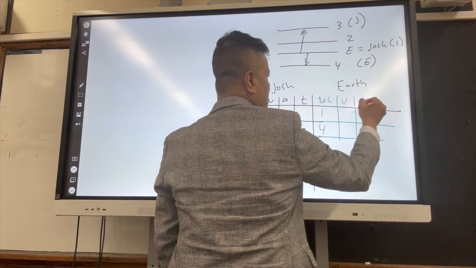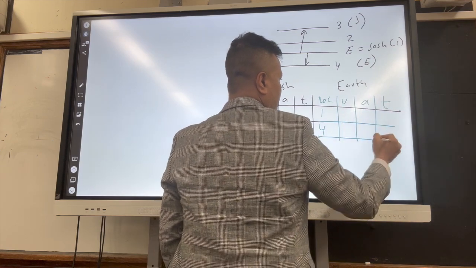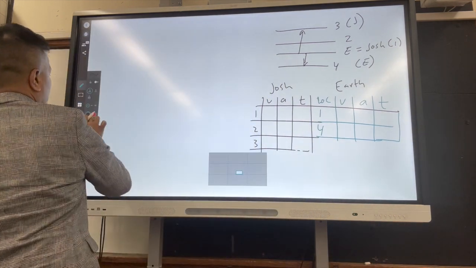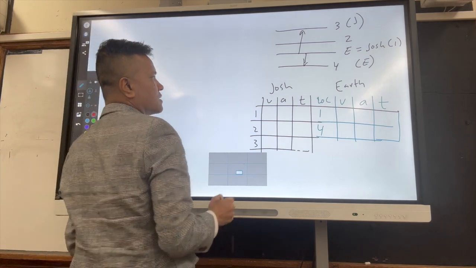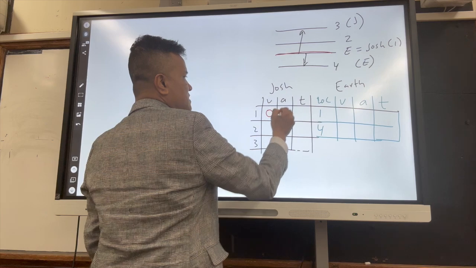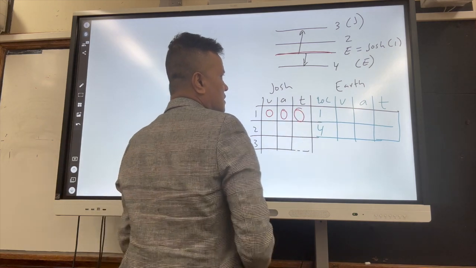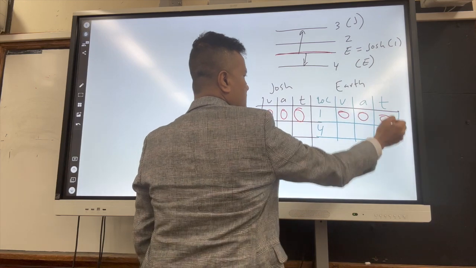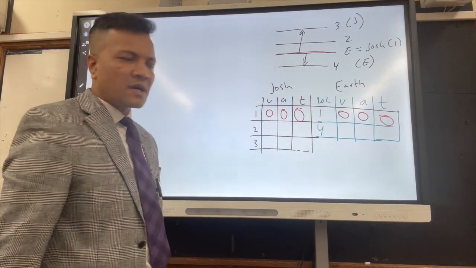Velocity, acceleration, time. Okay, good. At location 1, what is the velocity of Josh? Velocity is 0, acceleration is 0, time is 0. What about Art? At location 1, the velocity of Art is 0, acceleration of Art is 0, time is 0. Okay, so we kind of finished half of the problem.